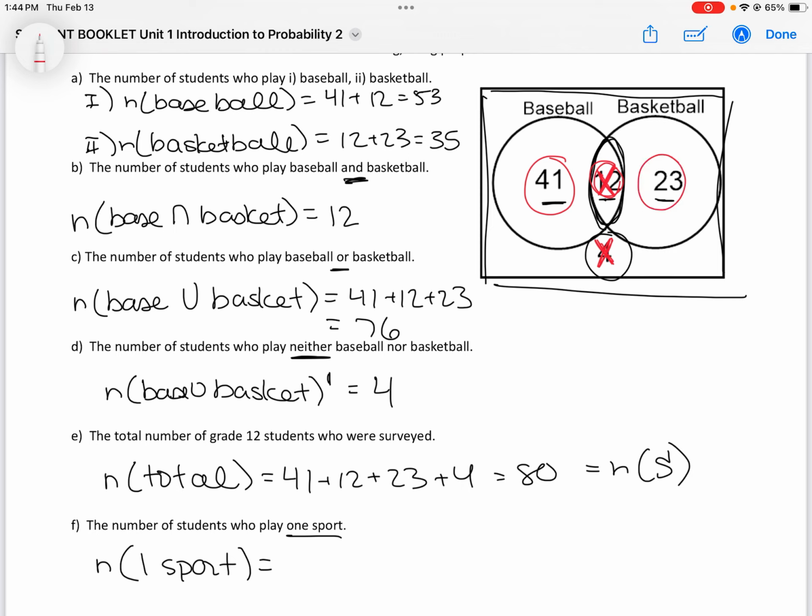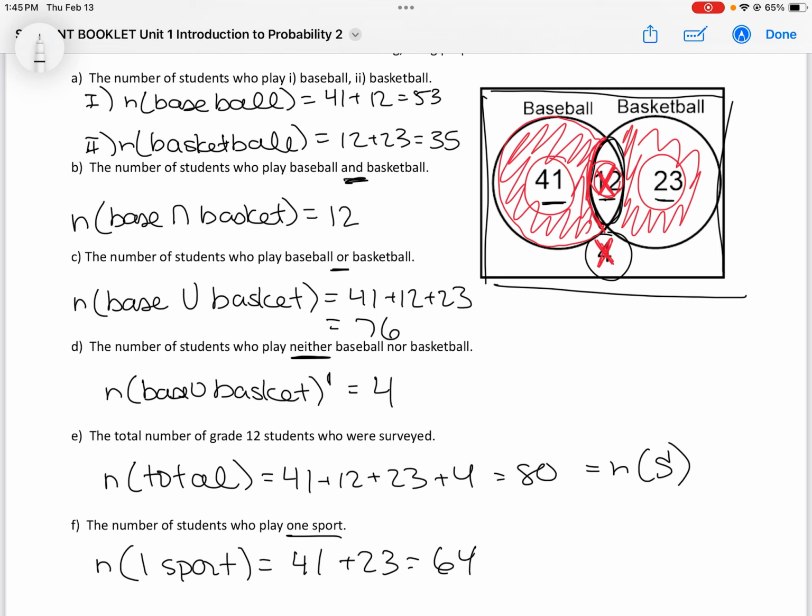We're going to add 41 plus 23 because this 41 takes into account only this area here, and this 23 takes into account this area here, but it's not going in the intersection. So this is going to be 41 plus 23, so it's going to be 64 people play one sport.